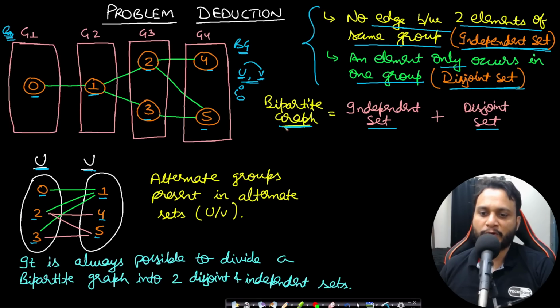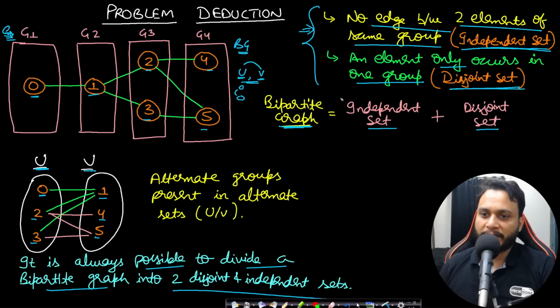Since we already knew that this problem is about bipartite graph because of our logical deduction of the independent and disjoint set, I can make this kind of distribution. So it is always possible to divide a bipartite graph into 2 disjoint and independent sets. Okay, now I think it is clear why this problem is a bipartite graph problem.